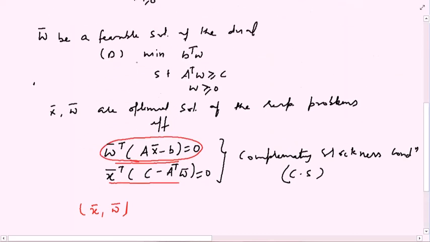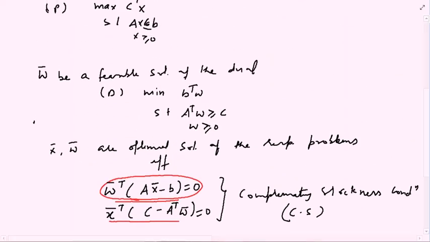You see from here that if I look at A x minus b, A x less than or equal to b, this implies A x plus identity times s is equal to b, where identity times s means that we are adding the vector of slack variables which make it an equality problem.